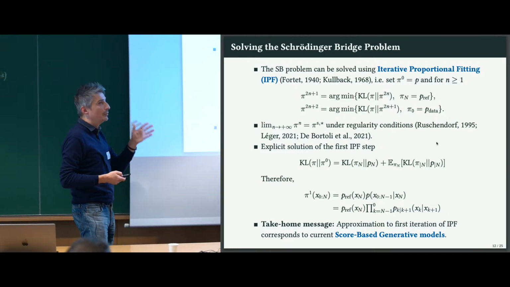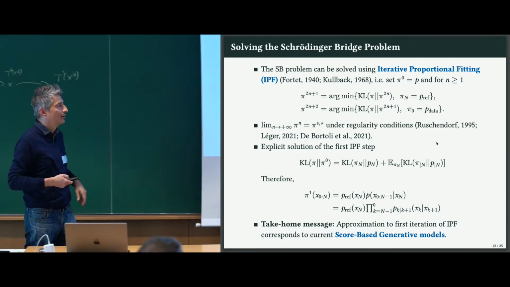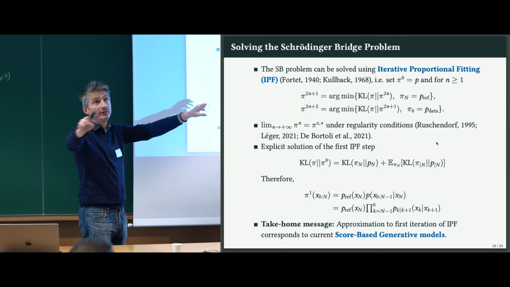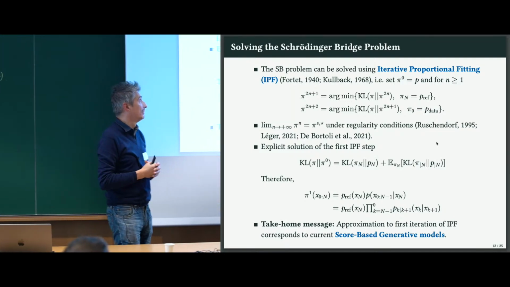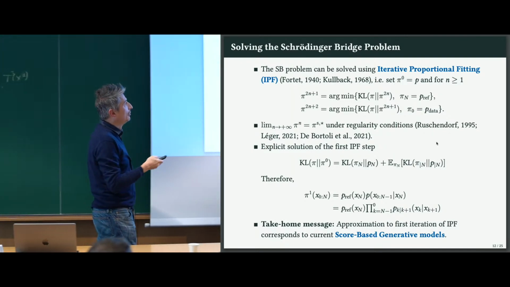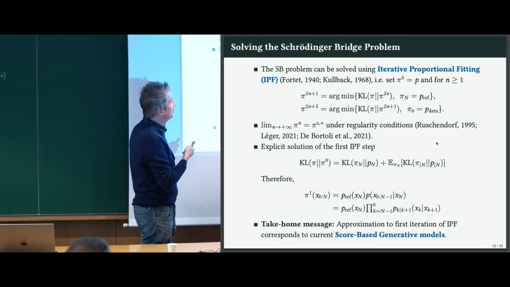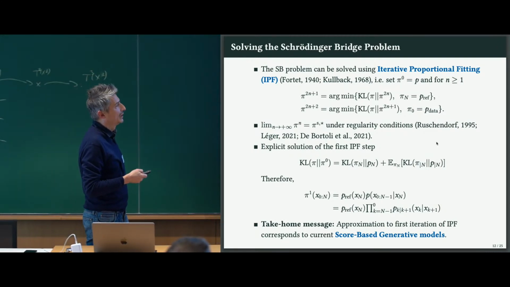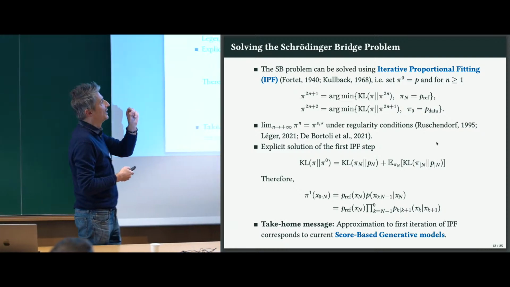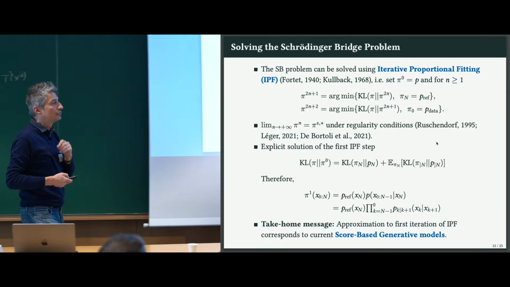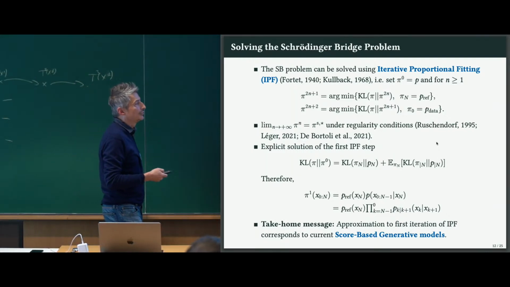Now, how do you do that practically? Maybe we can look at the structure of the iterates. Let's start with the first one. We initialize this recursion using the reference process. When we want to solve the first iterate, we want to minimize the KL with respect to pi under the constraint that the marginal at time n is the Gaussian distribution. It has a simple expression.